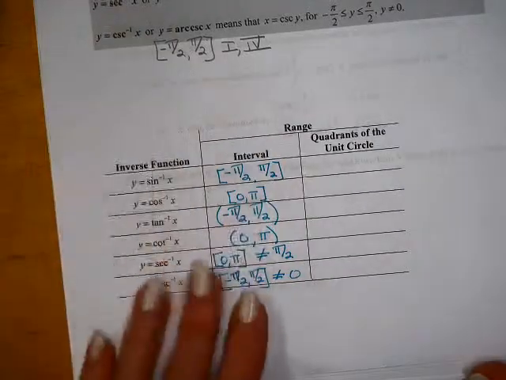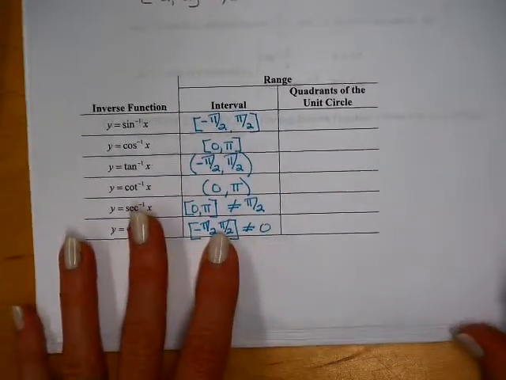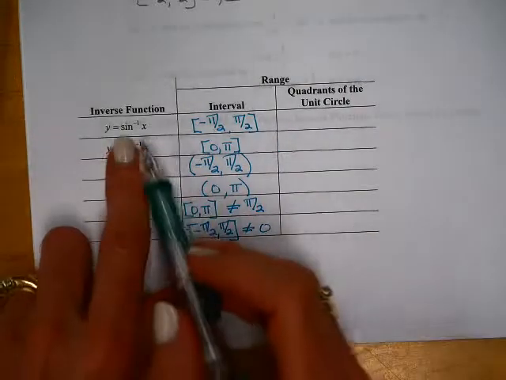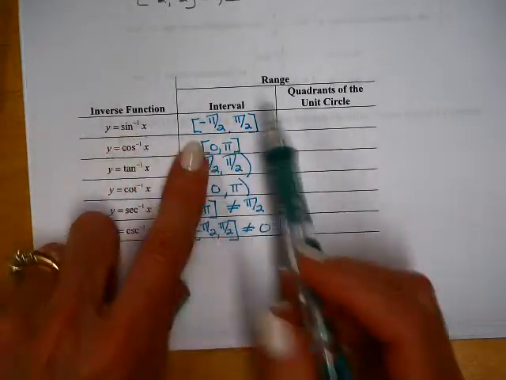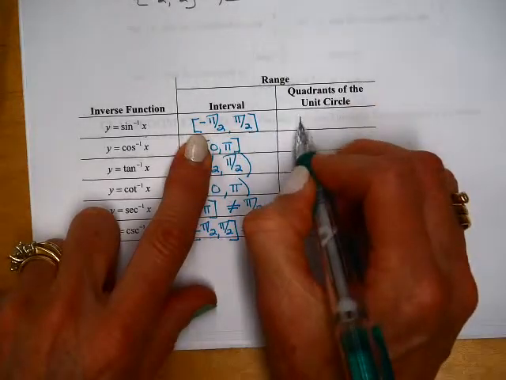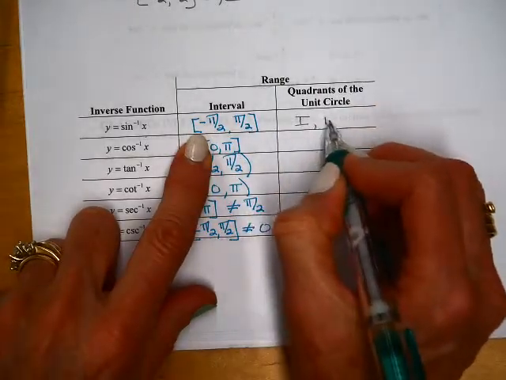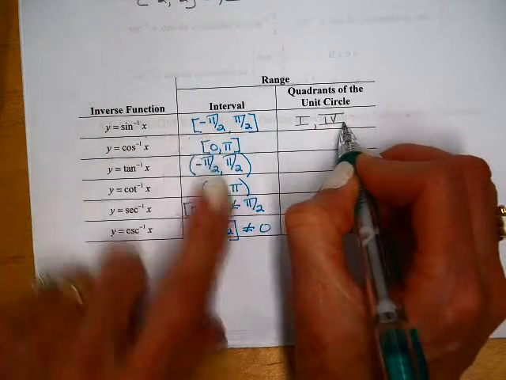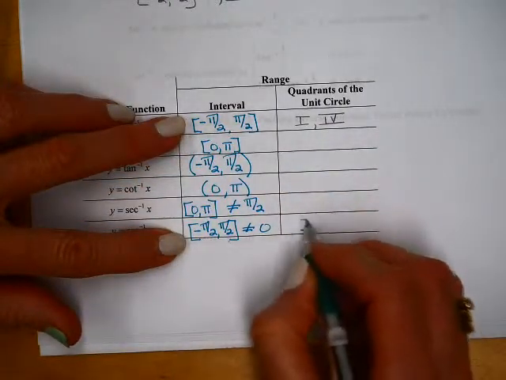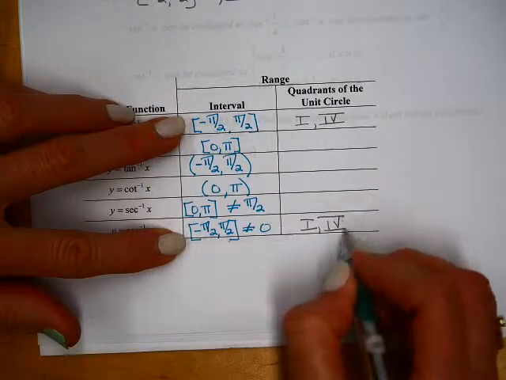So, all right, I filled in part of this chart for you. These are the intervals, the quadrants of the circle. All right, arc sine is between negative pi over 2 and positive pi over 2, which is in quadrant 1 or 4. And its reciprocal down here is restricted just the same. It is in quadrant 1 or quadrant 4.